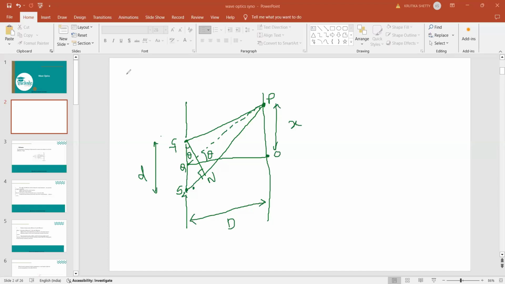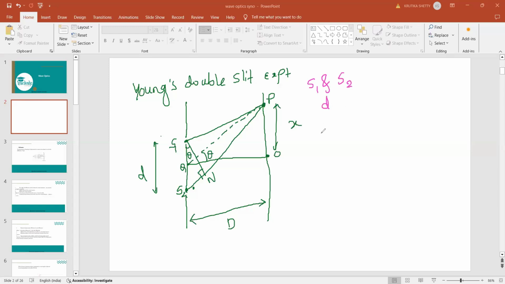This is what we call Young's double slit experiment. What is the name of the experiment, students? Young's double slit experiment. So what does Young's double slit experiment describe? In this figure you can see S1 and S2 are the two sources.